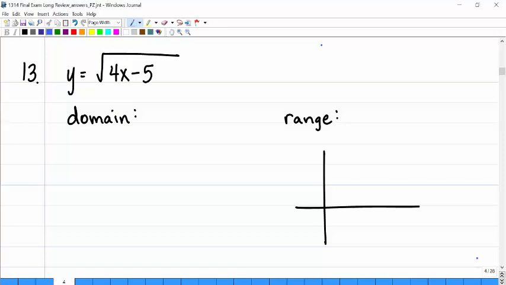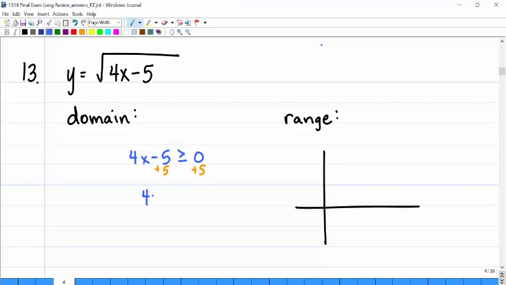Number 13, find the domain of the function y equals the square root of 4x minus 5. When you have a square root, you know that anything underneath has to be greater than or equal to 0. So I'm going to solve for that. 4x minus 5 greater than or equal to 0. To get x by itself on the left, I need to add 5 to both sides.